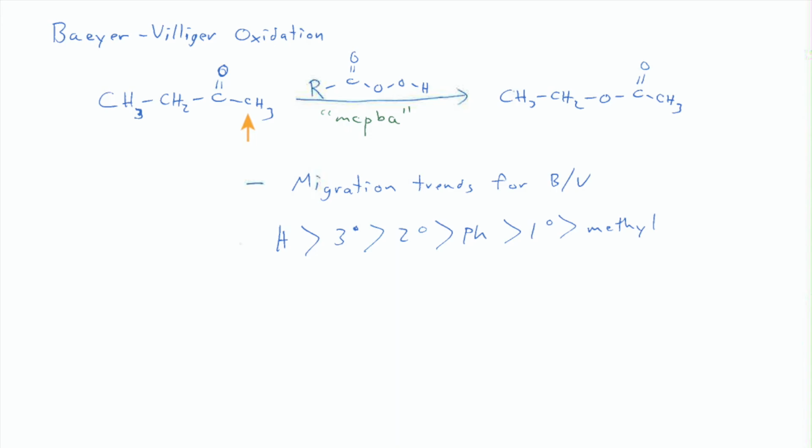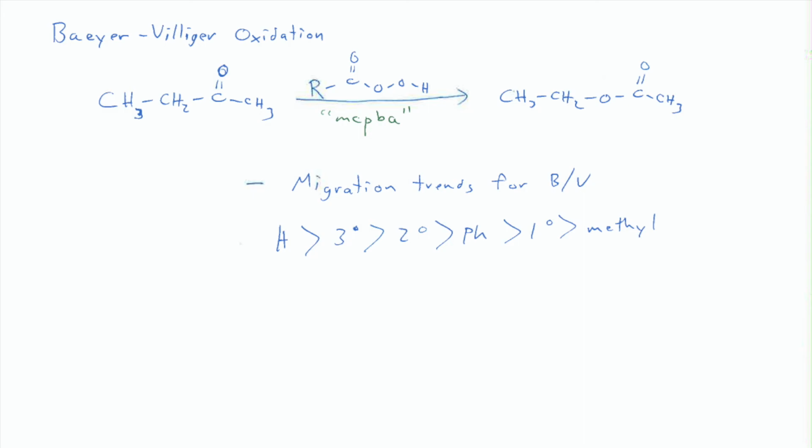It's primary, bonded to the carbonyl and that's it, not bonded to any other carbon. Whereas on the left, that carbon attached to the carbonyl has bonds to two carbons. It's a secondary carbon, and since it's a secondary carbon, that's the one that prefers to migrate off of the carbonyl.